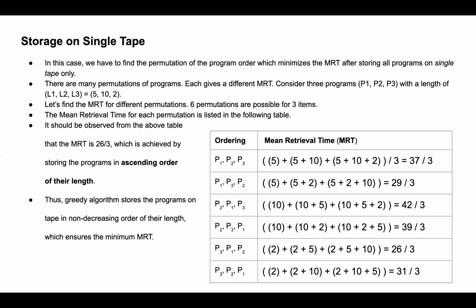What we will do next is find the mean retrieval time for different permutations. 6 permutations are possible for 3 items. 6 sequences will be there as we considered 3 programs, that is 3 factorial, 3 into 2 into 1, which is 6.